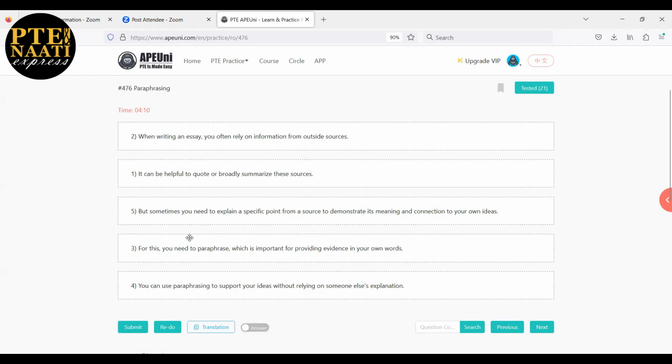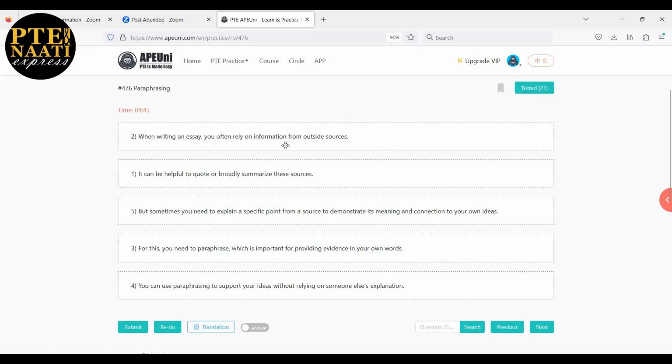So automatically, then 2, 9, 4 had the value. So, the order would be 2, 1, 5, 3, 4. If you look carefully, you just move a sentence, and the rest is formed automatically. For this, you need to paraphrase. It is important for providing evidence in your own words. You can paraphrase to support your ideas without relying on someone else's explanation.